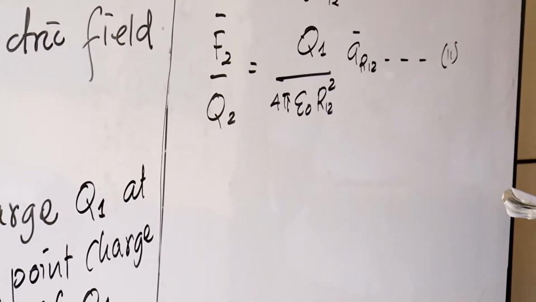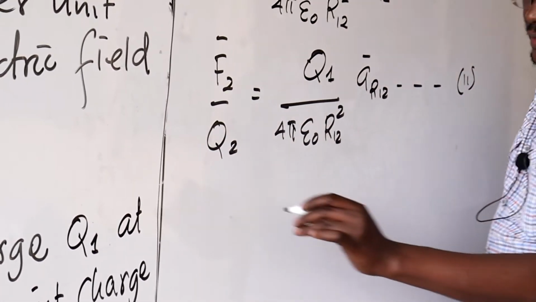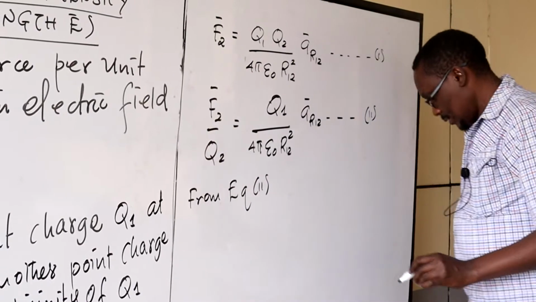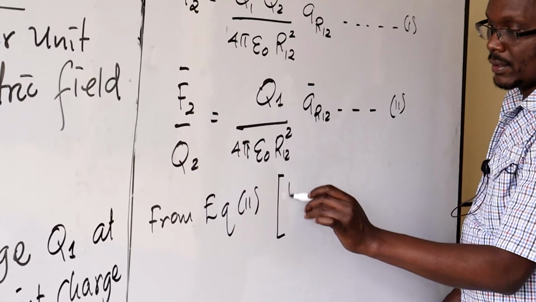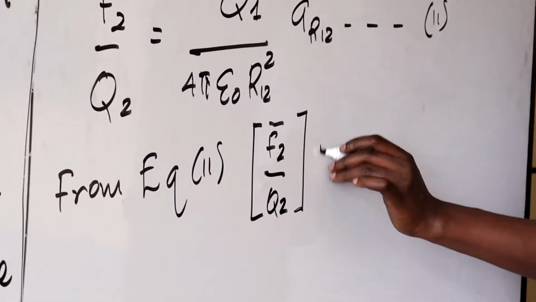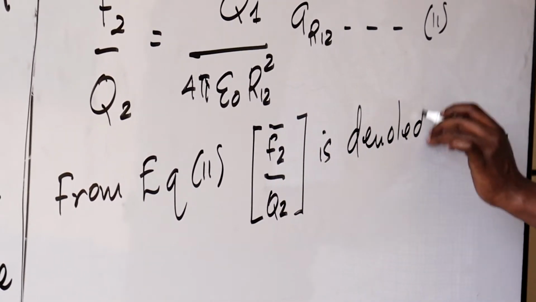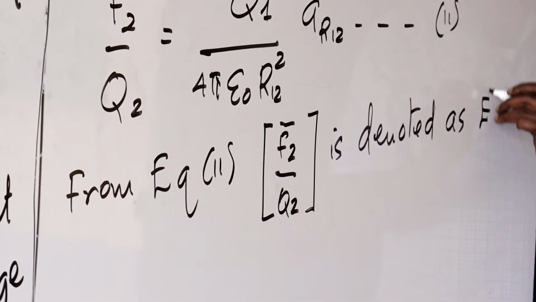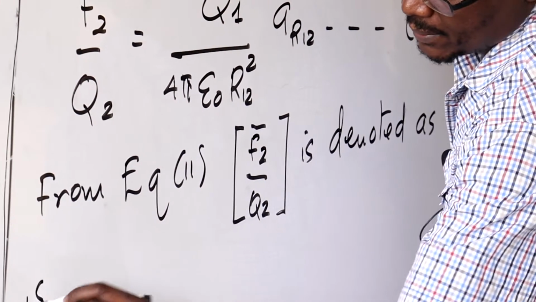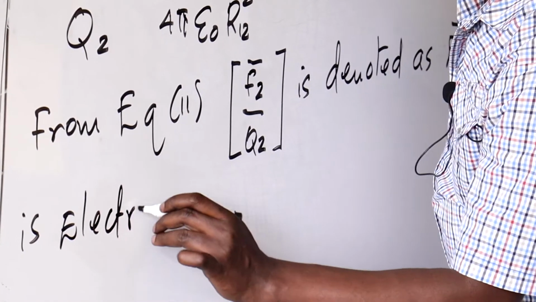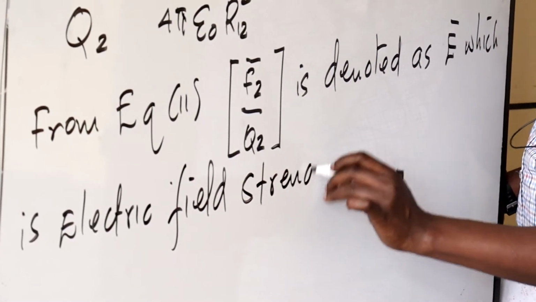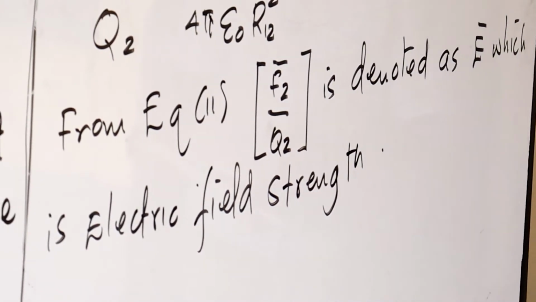So from equation 2, F2 bar all over Q2 is denoted as E bar, which is electric field strength.